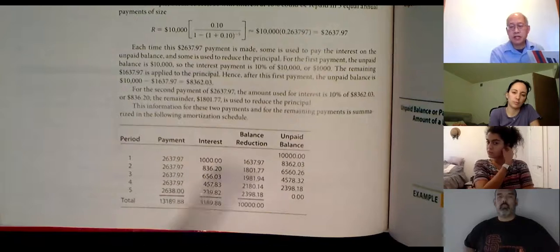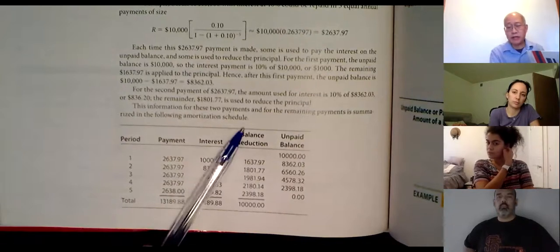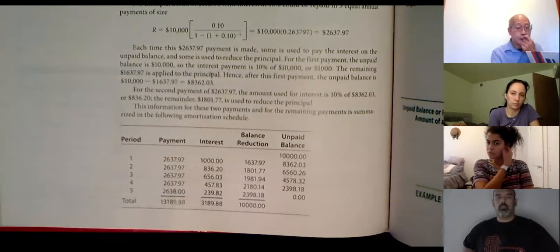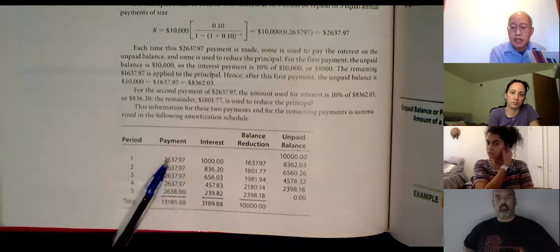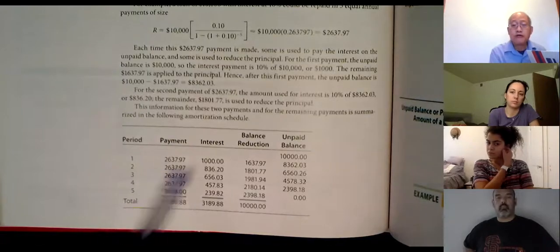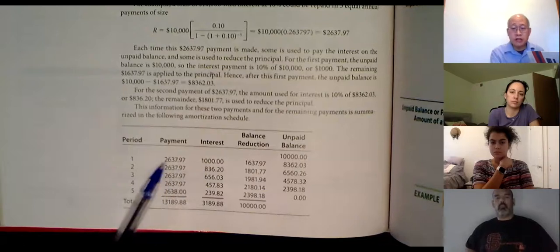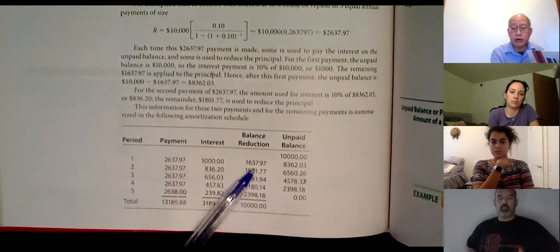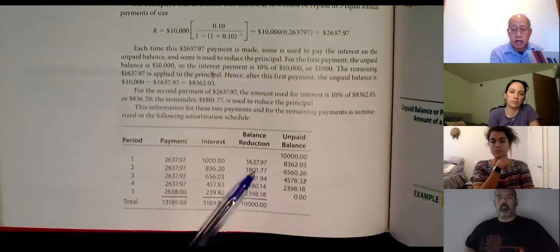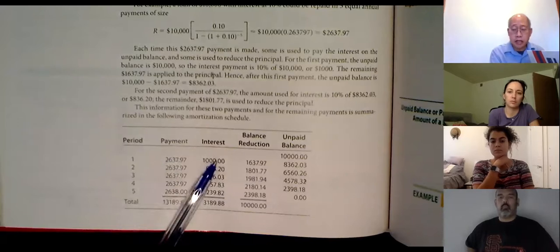10% is easy. The next problem might be 7%, or 5%, or whatever. So you don't get to subtract this total amount. You first have to pay $1,000 in interest. So if I take off 1,000, it's now only 1,637.97. This column is payment minus interest.